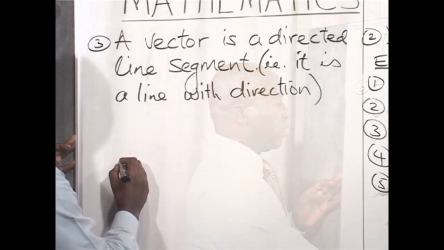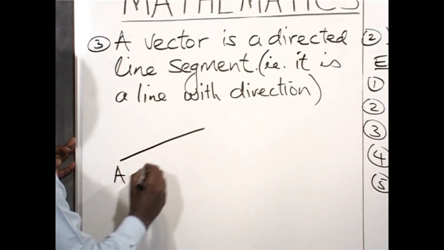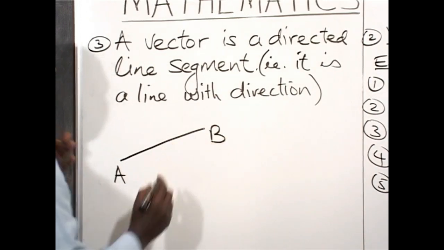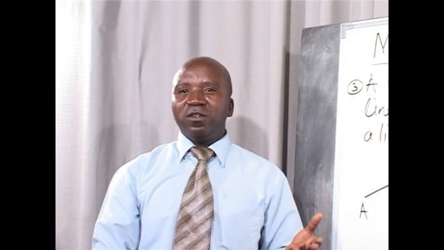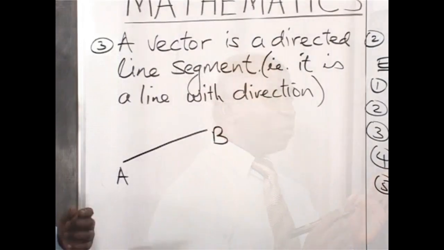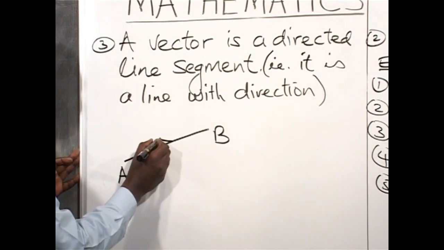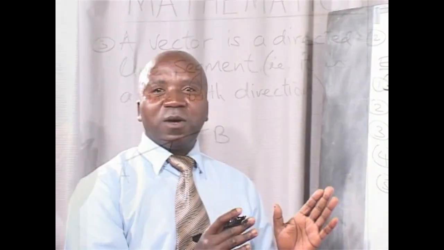We mean this. If I have this line AB, the way it is, it is not a vector. It is just a line. But immediately I show the movement of direction, and the movement of direction will be shown by an arrow. So I'll put an arrow to show that I'm moving from A to B. Now it becomes a vector.